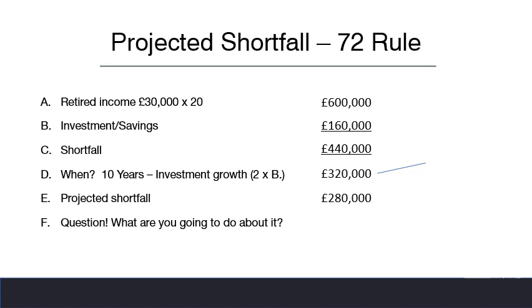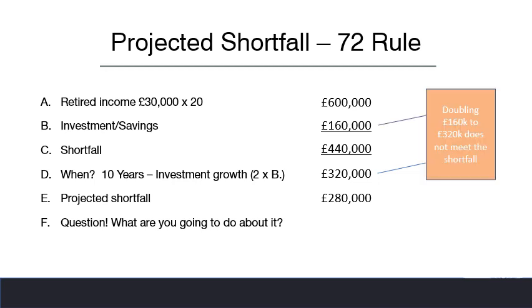Last week, when we looked at shortfall, we gave you this example. A client set a target of £600,000 to achieve an income of £30,000 at a point in the future. They had investment savings of £160,000, giving an actual shortfall of £440,000. The question was, when do you need this money?